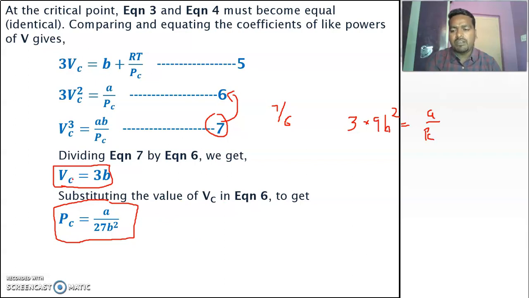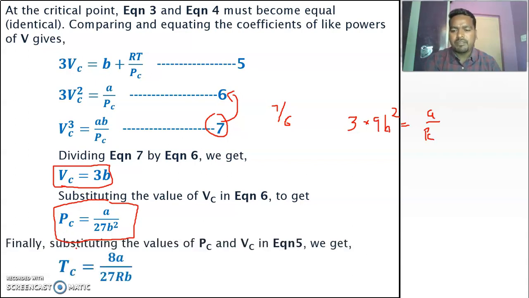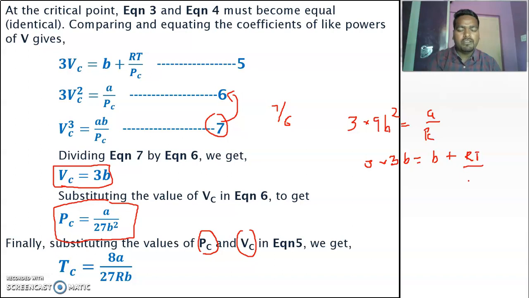So this is the equation for critical pressure at critical temperature. Now we have got the expressions for critical volume and critical pressure. Then substitute the values of PC and Vc in equation 5, and you are going to get TC. It's very simple. So 3 into Vc, which is 3B, is equal to B plus RT by PC, where PC is equal to A divided by 27B square.